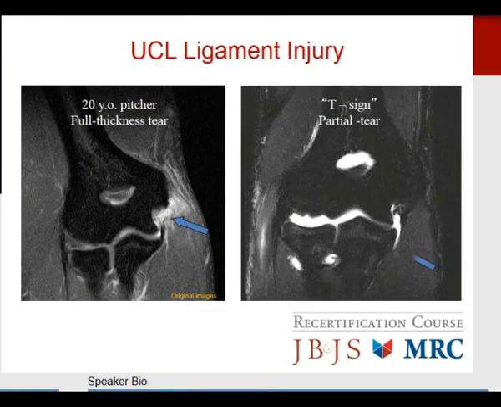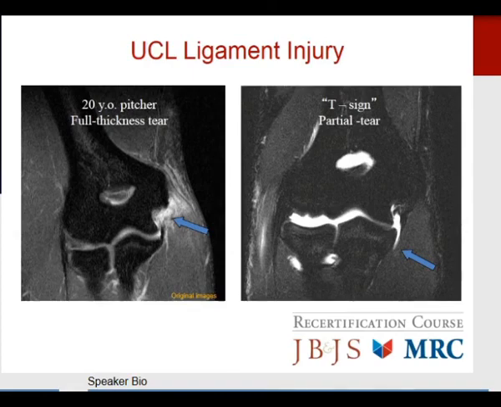The partial thickness tears are more likely to occur at the distal attachment site, and this is referred to as the T sign and represents a partial thickness tear of the deep fibers of the distal ulnar collateral ligament. If you look on the image on the left, at the distal attachment site, there's never fluid that normally extends between the distal attachment of the ulnar collateral ligament and the sublime tubercle.